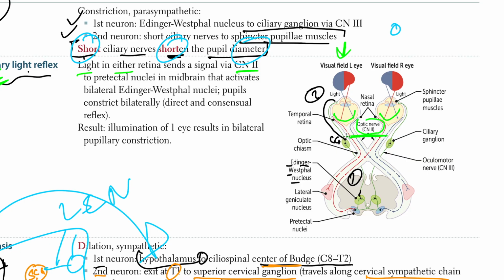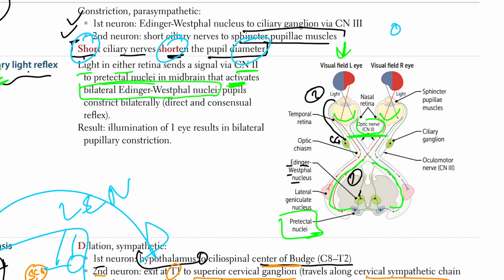So this is all cranial nerve 2 to the pretectal nuclei. Okay, look, the pretectal nuclei is right here. Now, if you look here, it's going to the pretectal nuclei, both sides. Now, that one pretectal nuclei will activate bilateral Edinger Westphal nuclei.